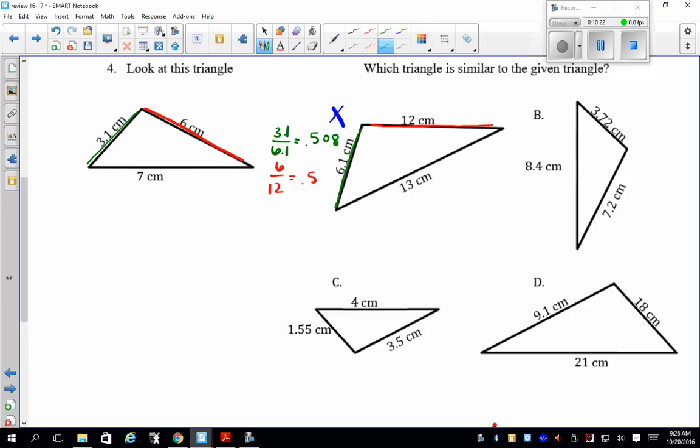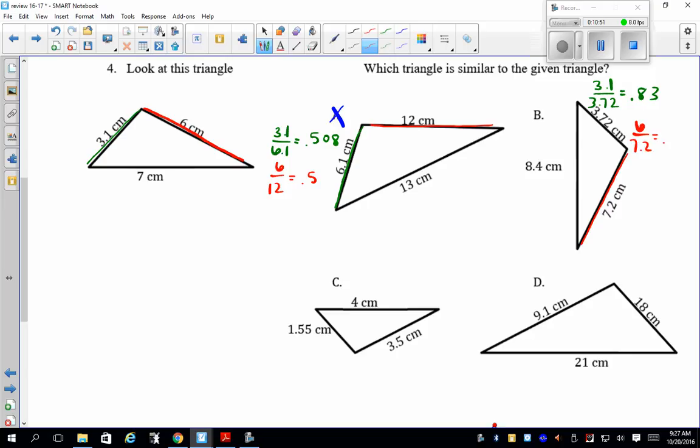I'm going to try B now. I'm going to match up the smallest sides. So I have 3.1 over there, and I'm going to match it up with 3.72. And in the calculator, that gives me 0.83. And now I'm going to try the next side, which is 6, and that's going to match up with the 7.2.